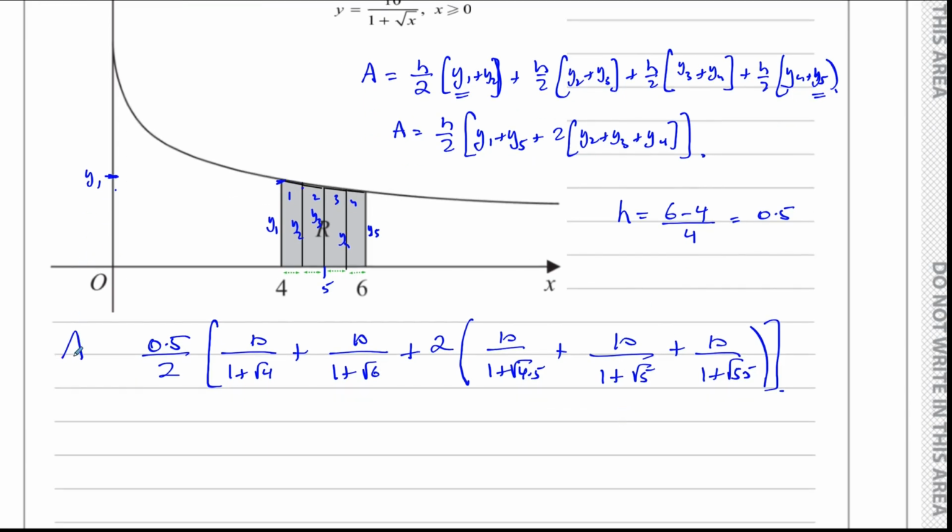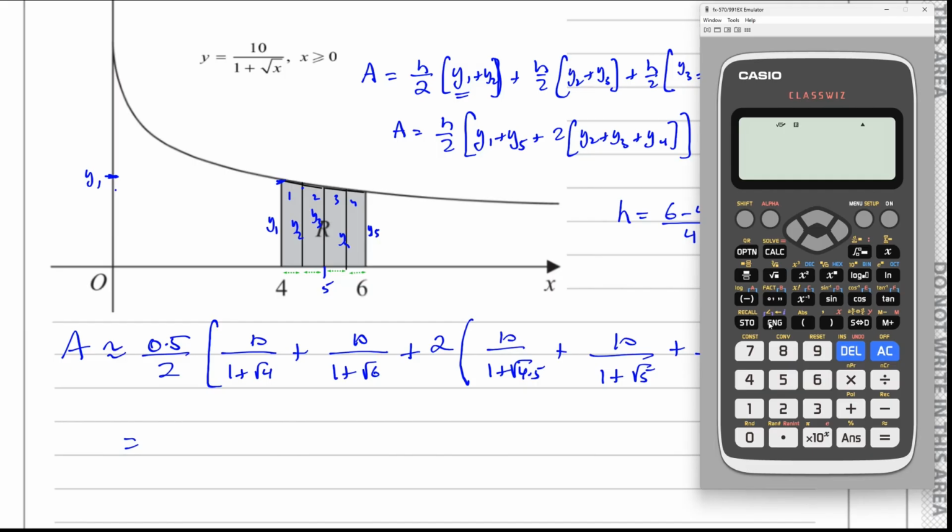So we can say the area is approximately equal to this, and I can just stick all of this in my calculator. Okay, so let me just get this inside. All right, and now I'm going to stick this in my calculator.